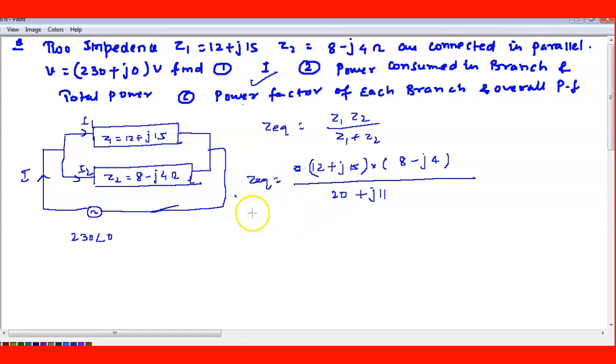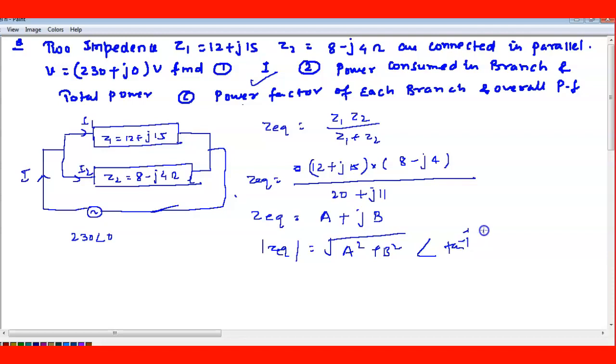You can find this directly in the calculator; if you substitute the whole value, you will get the complex number in the form A plus JB, right? And Z equivalent you can find: magnitude is the square root of A square plus B square, and angle is tan inverse of B by A. So I is equal to V upon Z equivalent. So we will get the total current I.